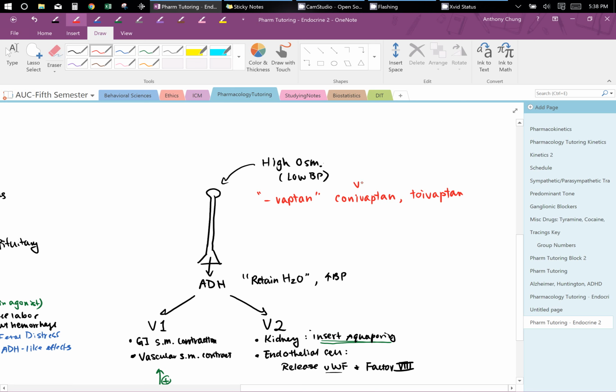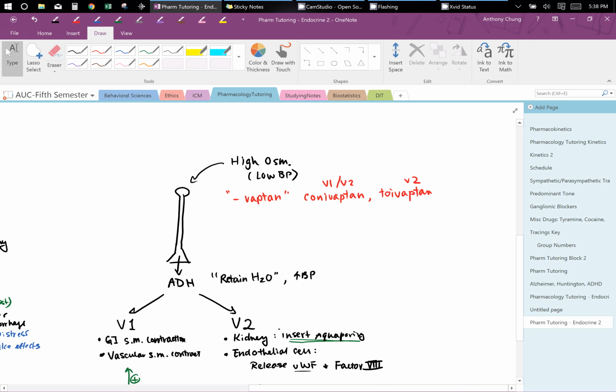This one is V1 and V2. This one is just V2. But they are both used for hyponatremia when you have the same or too much volume. So hyponatremia.